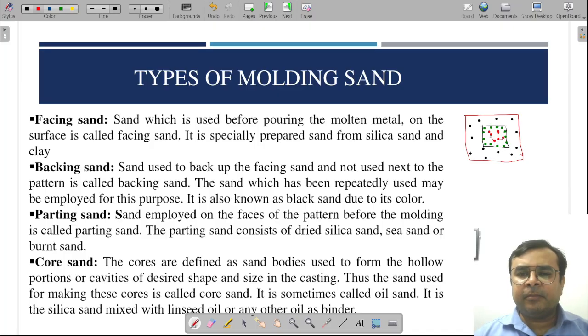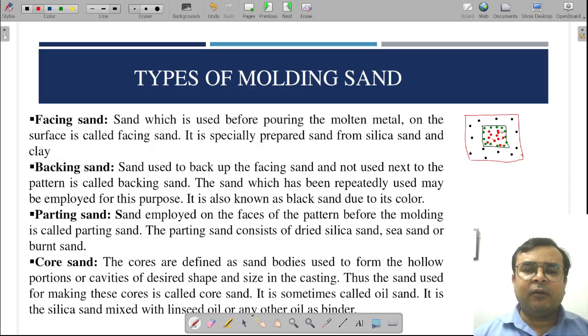So it prevents bonding between them, because during solidification the whole metal moves towards the center, and if metal is attached to the molding sand and doesn't break the bond, then obviously the sand wall may be distorted, and some amount of sand particles may dislodge from the molding sand wall and enter into the molten metal in the mold cavity, which produces sand erosion type defects.